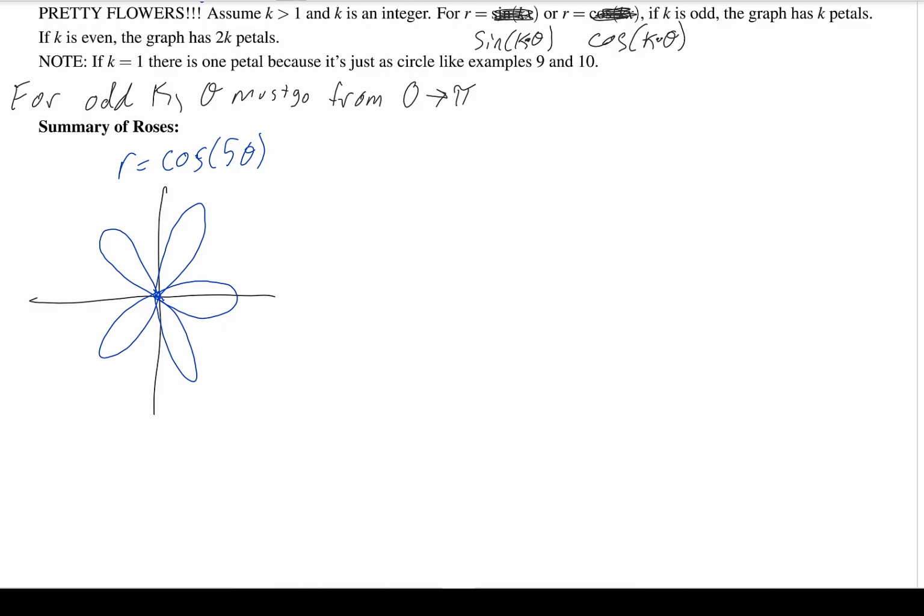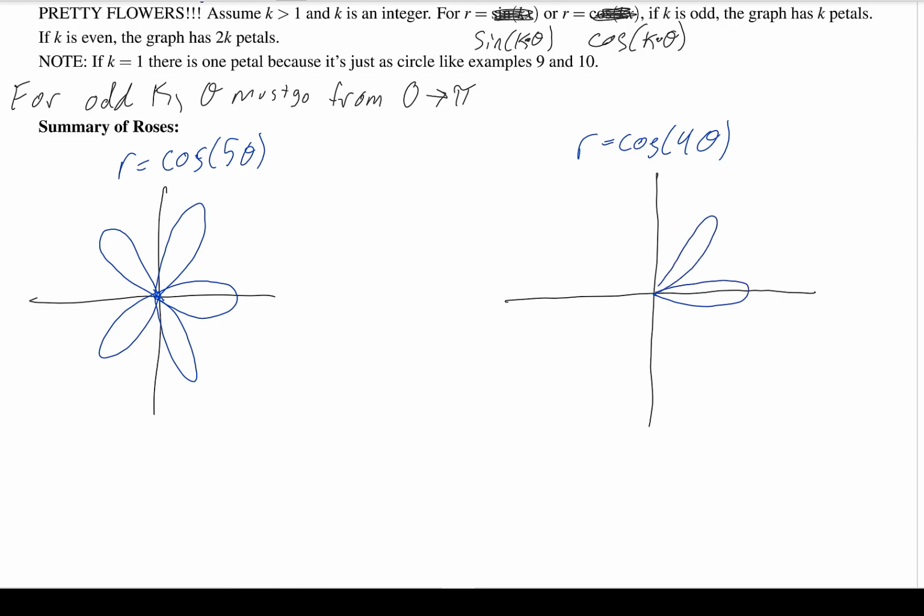Now let's say we have something that looks like r equals cosine 4 theta. So for this, since k is even, that tells me that I'm going to have 2 times 4 petals. So I'll have 8 petals. And so that will look something like this. Again, they're all supposed to be evenly spaced apart.